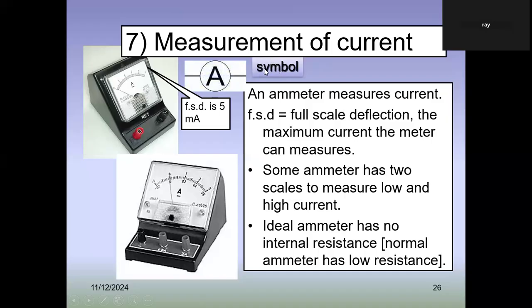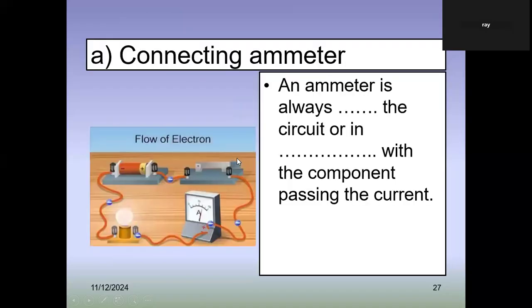Symbol for ammeter. That's your simple circuit: your cell, your switch, ammeter, component. So the ammeter is always in series with the component, for example a lamp, passing the current.